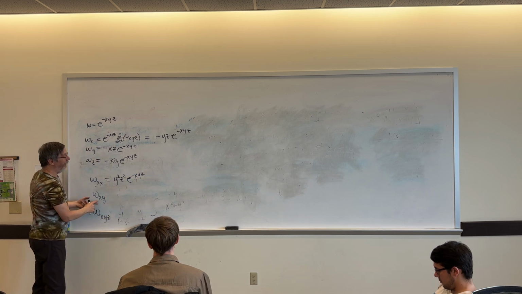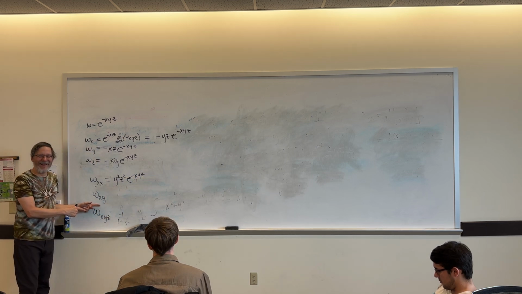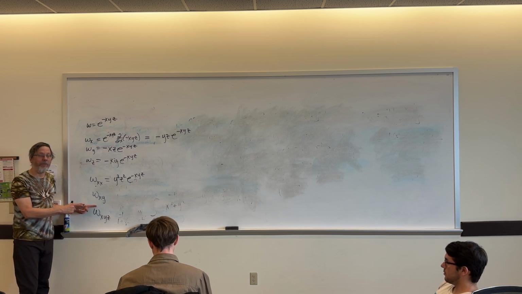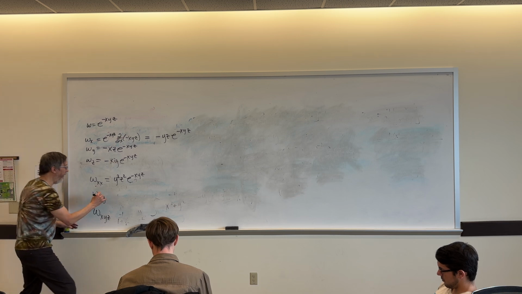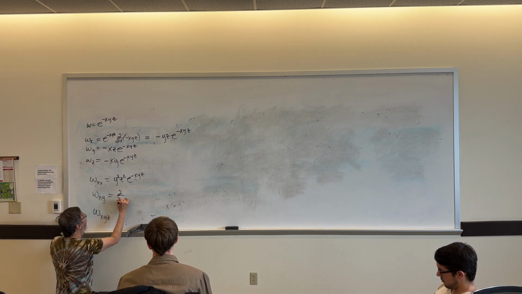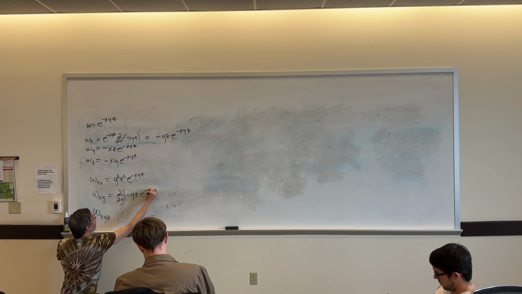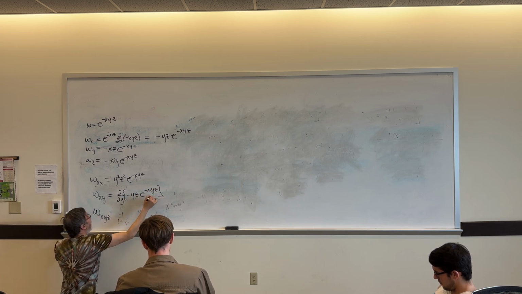And then this one, let's make sure. What rule do I need on this one? What Calc 1 rule? Product rule. So this is going to be the partial with respect to y, I'll write it out here, of negative yz e to the negative xyz.